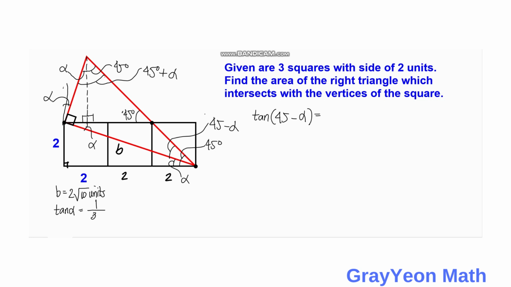Because we have tangent of 45 minus alpha to find out, that would be tangent 45 minus tangent alpha, divided by 1 plus tangent 45 times tangent alpha.